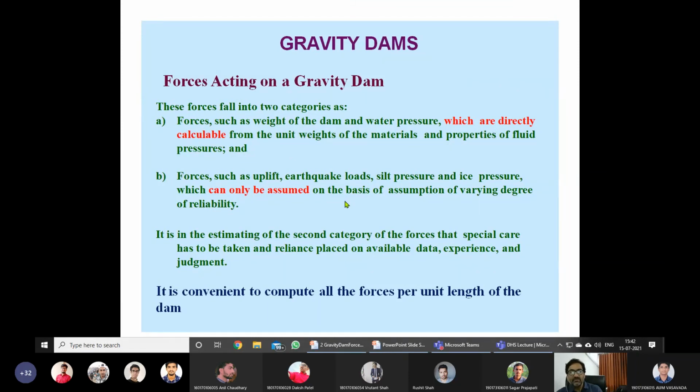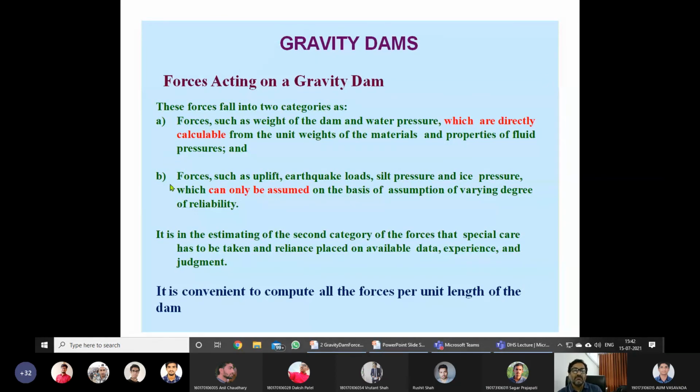It's not easy to calculate them directly from the physical property of the material or the water. Forces such as uplift, earthquake loads, and silt pressure can be calculated; there are methods mentioned. Ice pressure is also a meteorological phenomenon depending upon temperature, and can only be assumed on the basis of assumptions of varying degrees of reliability.